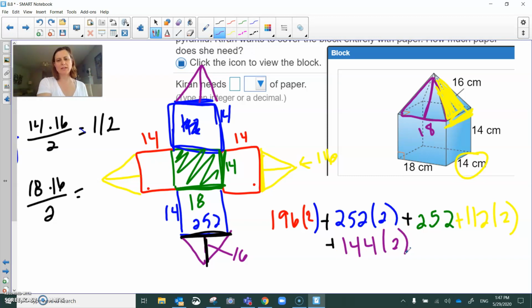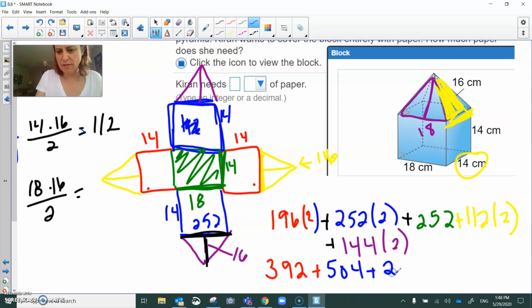So if I go through and do all of that math, 196 times 2 is 392. 252 times 2 is 504. 252 was, oh my gosh, I'm not having a good, 504 plus 252 was all by himself.